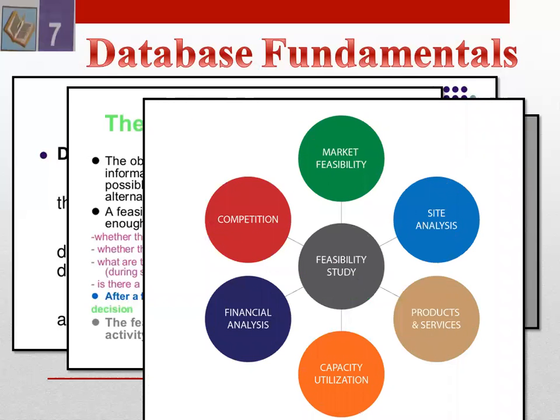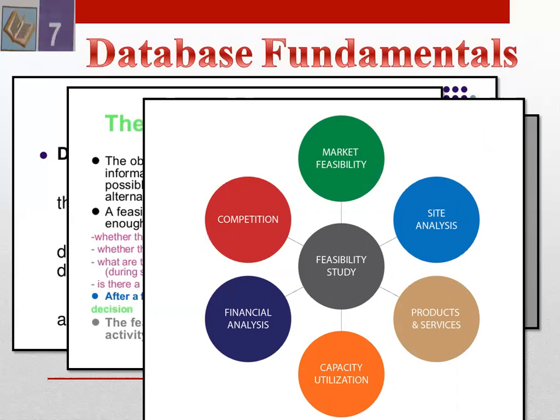So the purpose of the feasibility study can cover different stages. A feasibility study is initiated by the organization when a change is required in the current system. So a feasibility study is needed to ascertain the advantages and disadvantages of the new system.